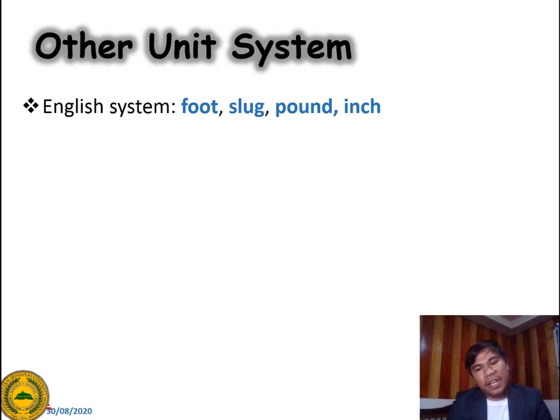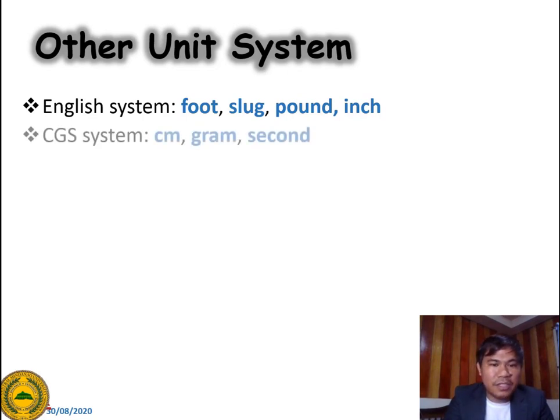But scientists who commonly use the English system need to convert their data to SI units. How are you going to do this? You need to master and practice how to do conversions.